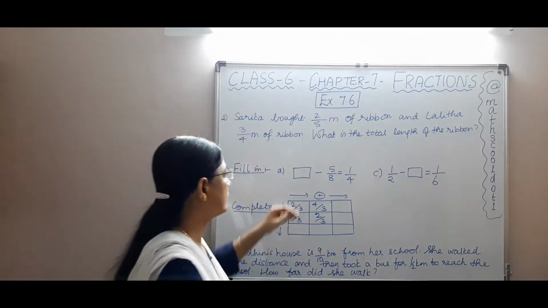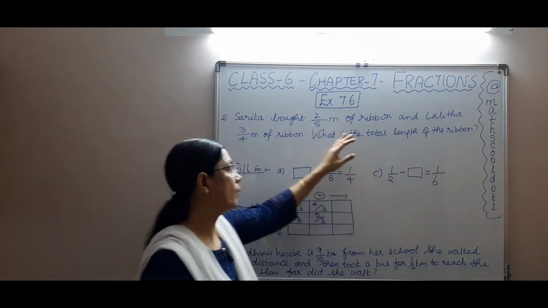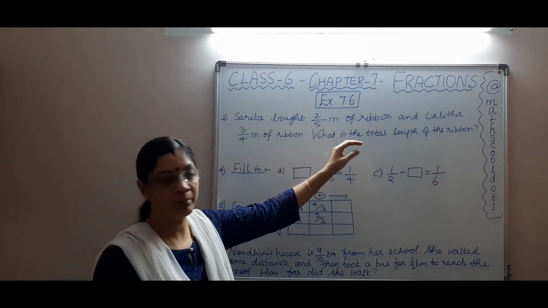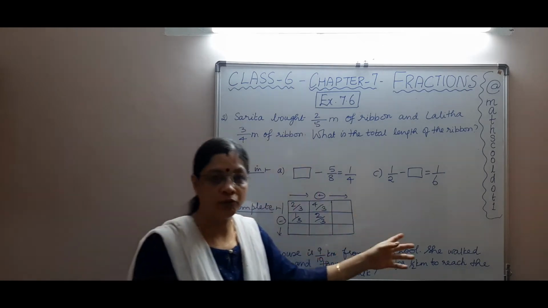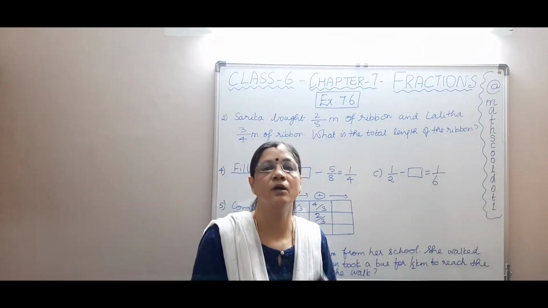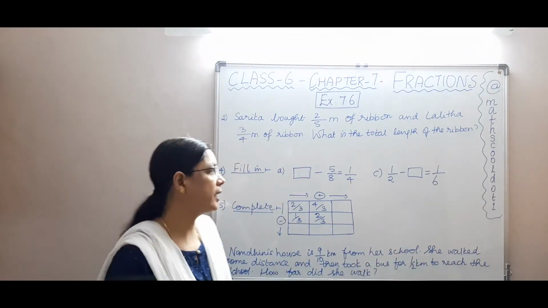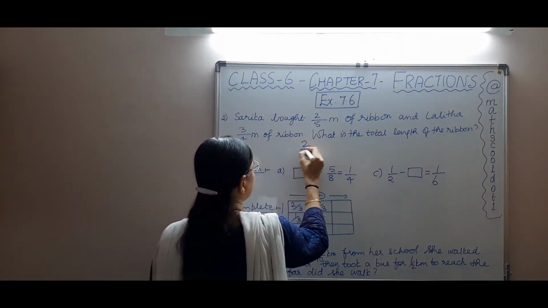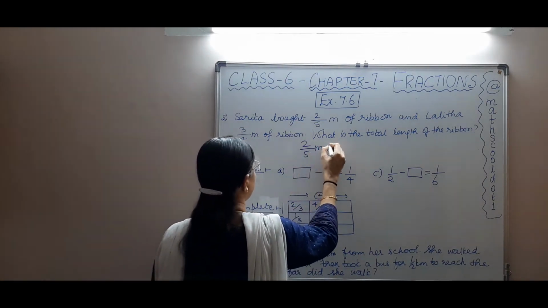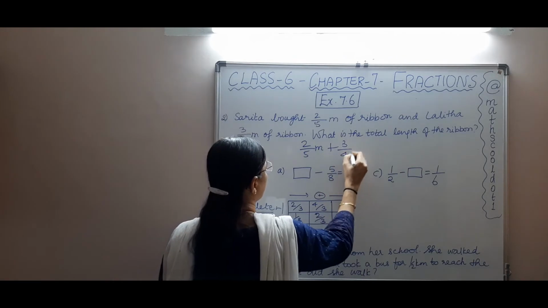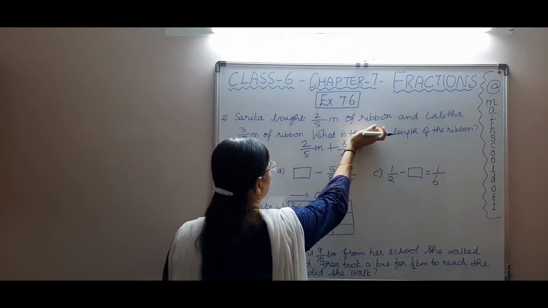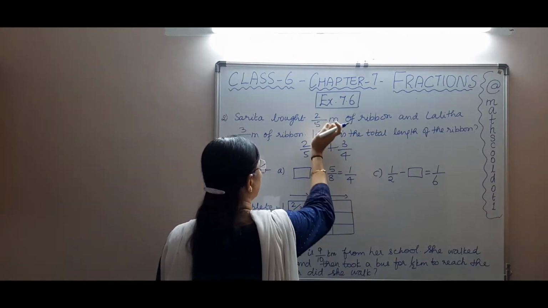Now since they have asked you the total length, and Sarita has bought 2 by 5 meters and Lalita has bought 3 by 4 meters, you need to just add them. So what is Sarita's? It is 2 by 5 meters plus 3 by 4 meters. Now you need not write the units when you do the operations.